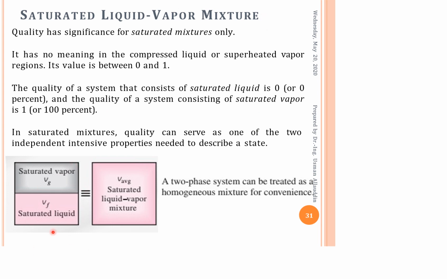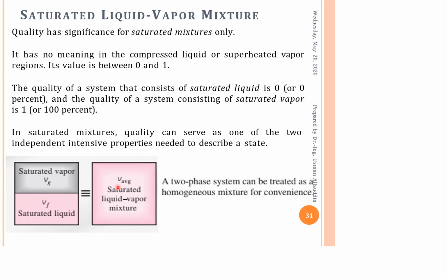So actually it means that vg is saturated vapor, and vf is saturated liquid, and in between we have our saturated liquid-vapor mixture, which is described as v average.